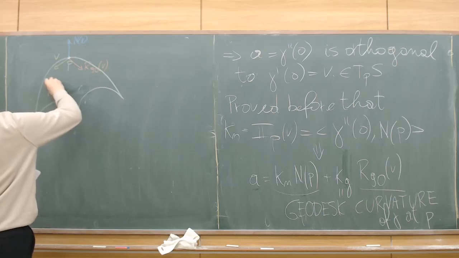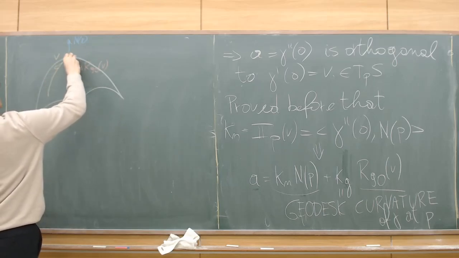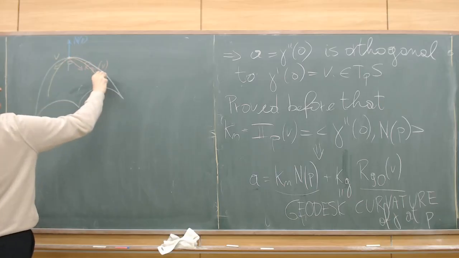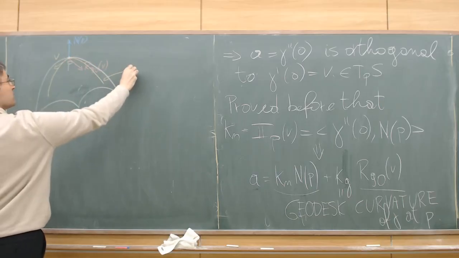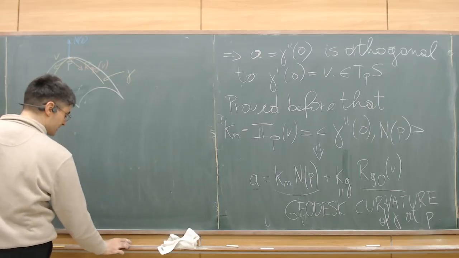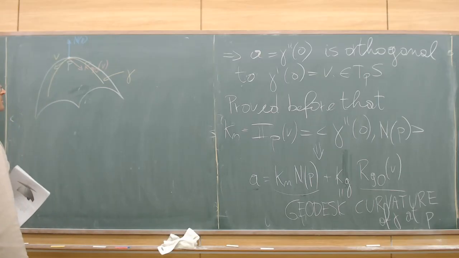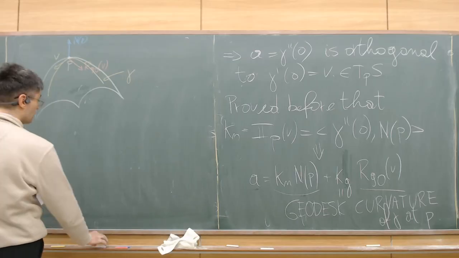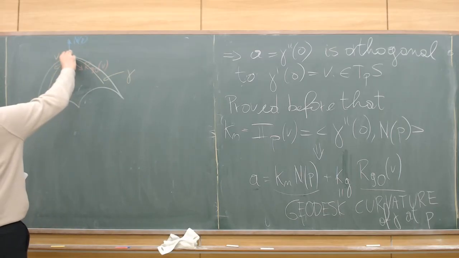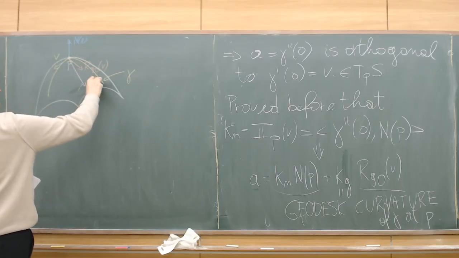Suppose that this is gamma, then suppose that I need another color, but I have only 3 of them. So let's use the white one. Suppose that this is the acceleration A.